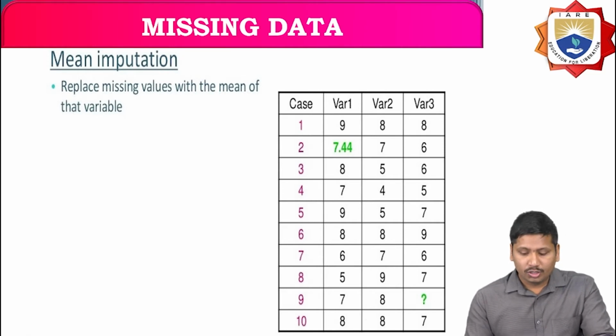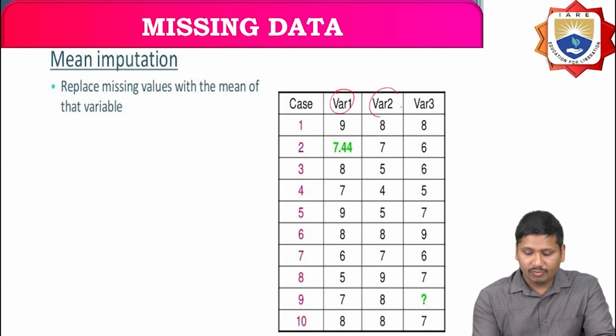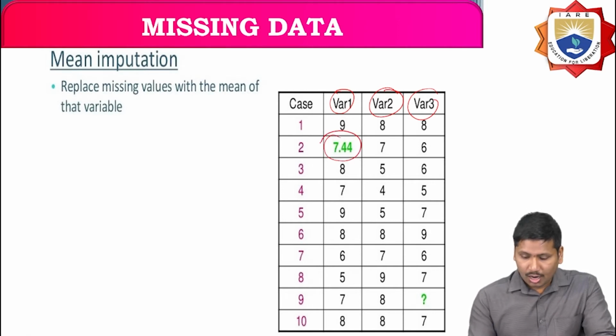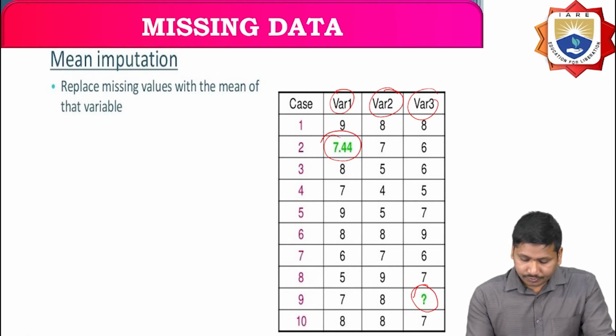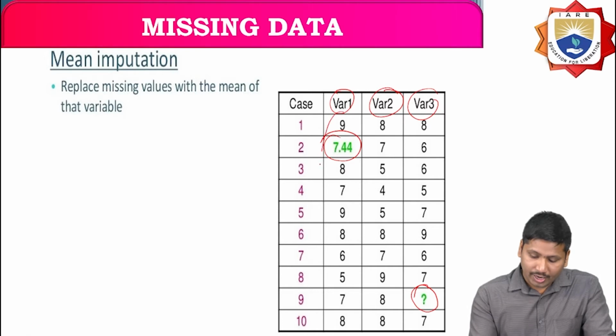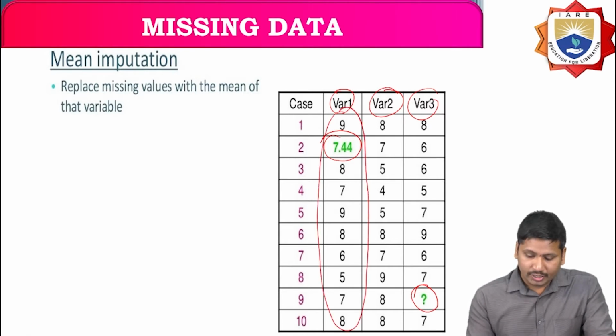Consider the example on the right side, where we have three variables. Variable 1 has a missing value here, and variable 3 has a missing value here. So I have to calculate the mean value of this entire variable.